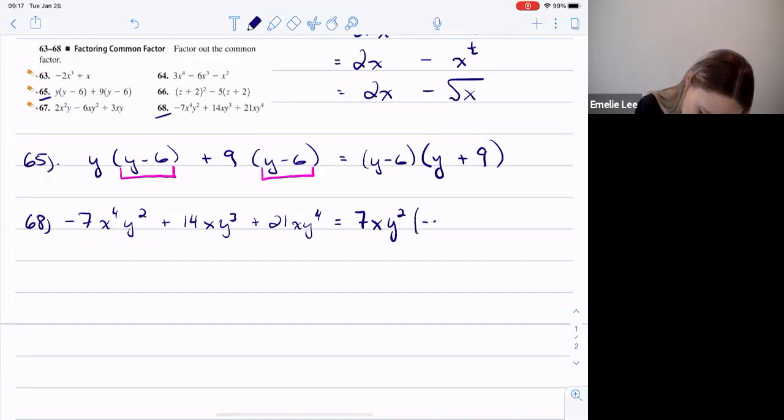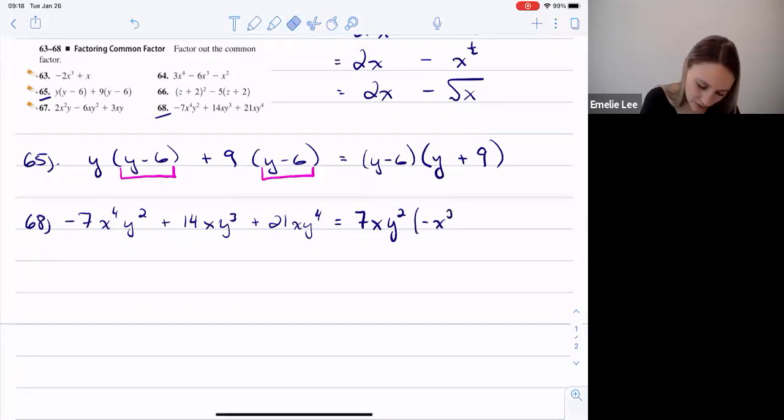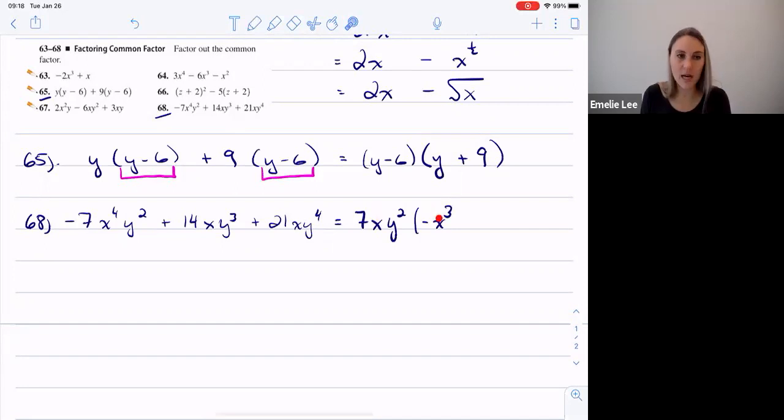So what I have is negative x to the power of 3. Oops, that doesn't really look like a 3. There. And you can check it. If you multiply this out, you should end up at negative 7x to the power of 4, y to the power of 2. I already have the 7 and the y to the power of 2, so the one that's missing is negative x to the power of 3.